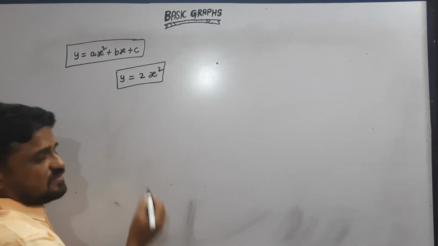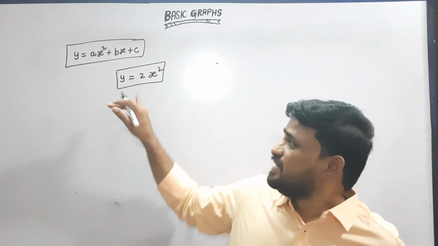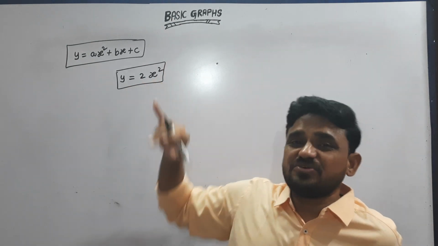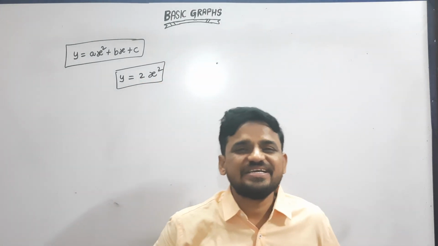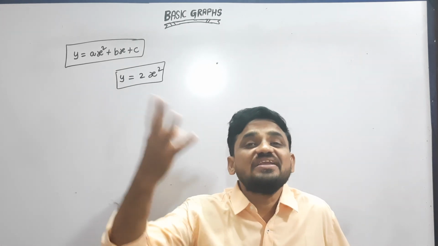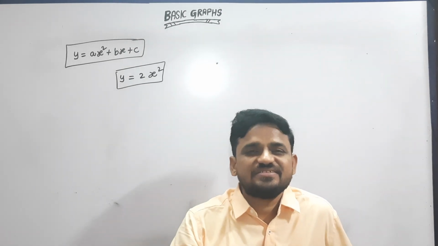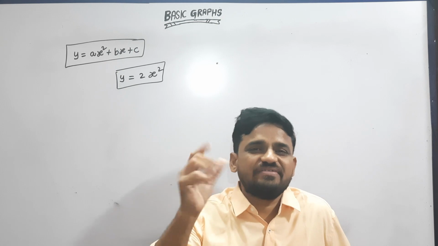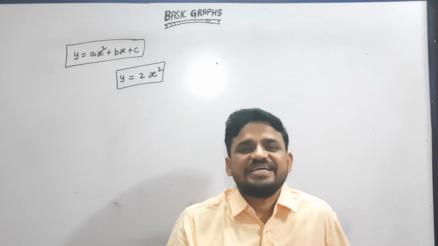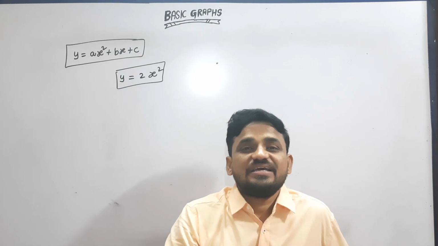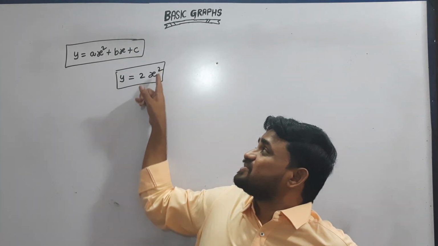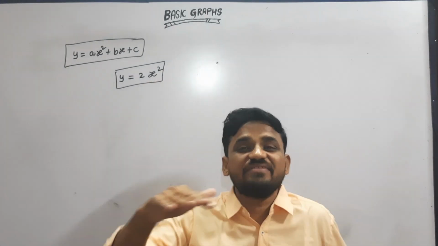Here y is proportional to x square, which means y and x are non-linear. If x value 0, y value 0; x value 1, y value 1; x value 2, y value 4.